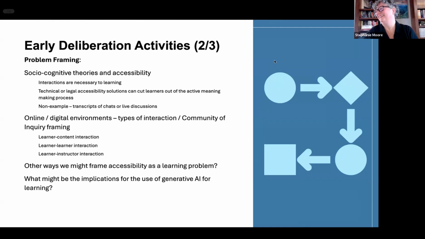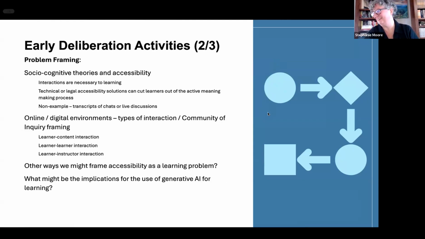Spoiler alert. Accessibility is a human problem and a learning problem. Is this prompting any thoughts for you guys?